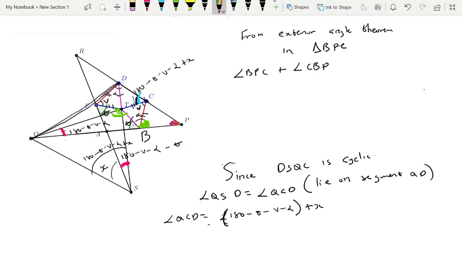So angle BPC plus angle CBP is equal to angle ECD. This is from the exterior angles theorem.